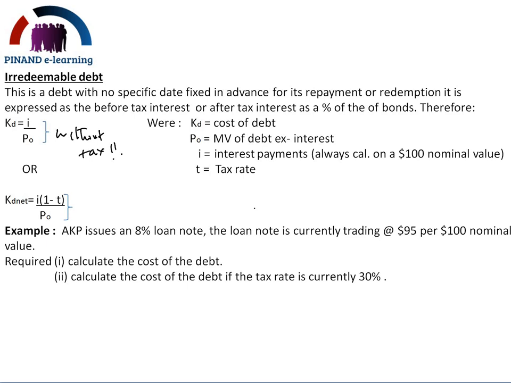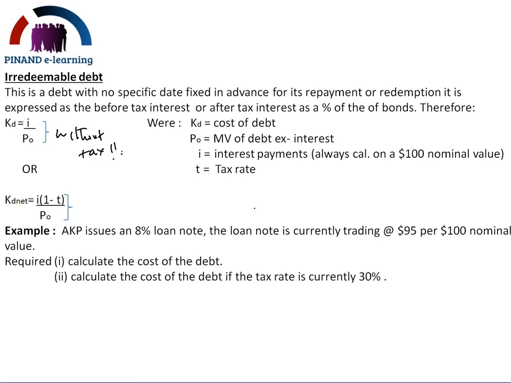That is the PO. So PO can either represent market value of shares or market value of the bond. But as I said when I was teaching the terminologies, if the examiner is silent about it, assume it is ex div or ex interest. So if it's without tax in the question, it is just simple. KD is equal to I over PO.